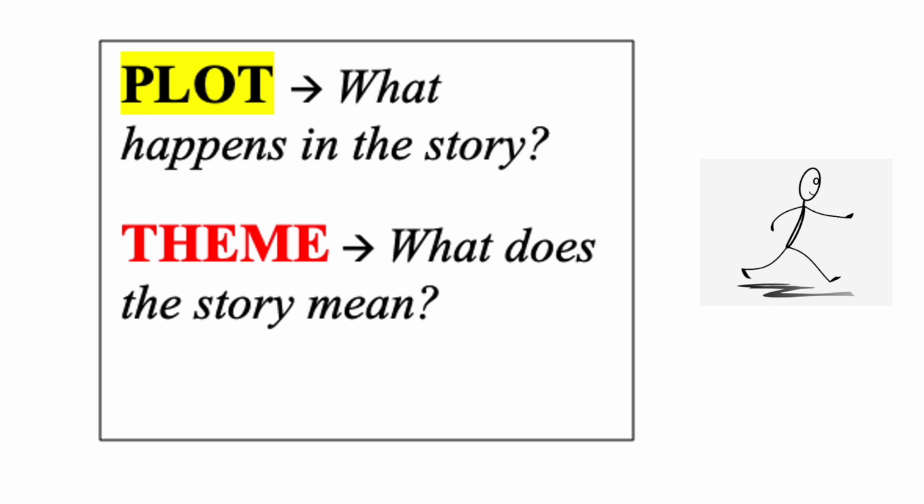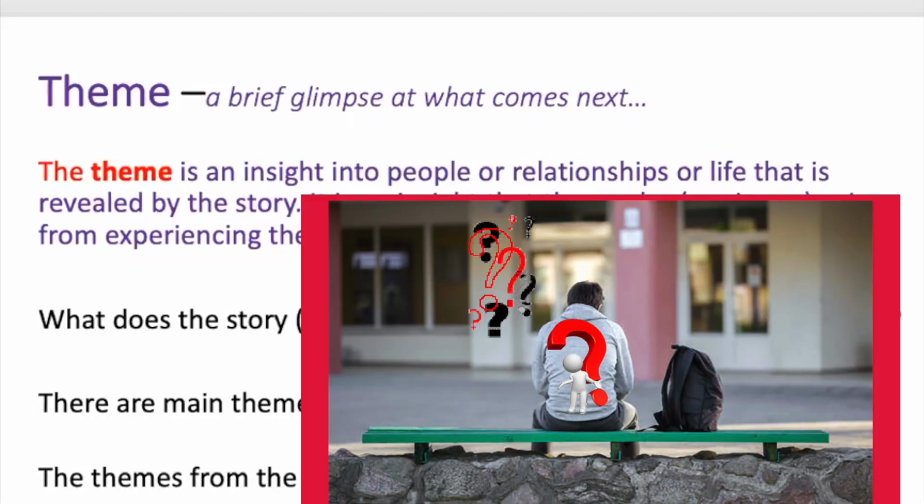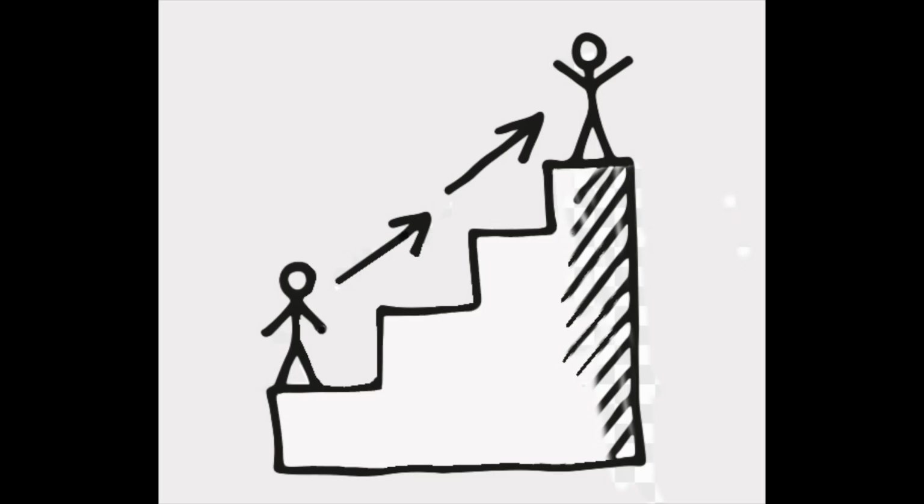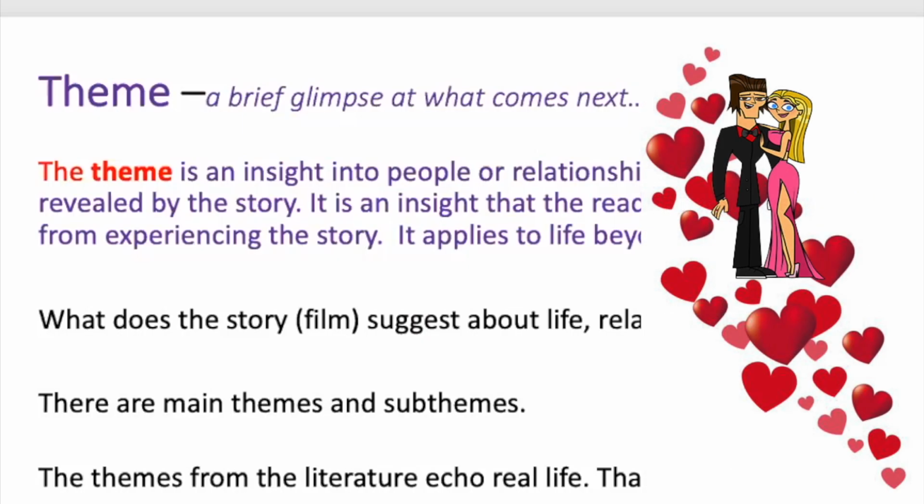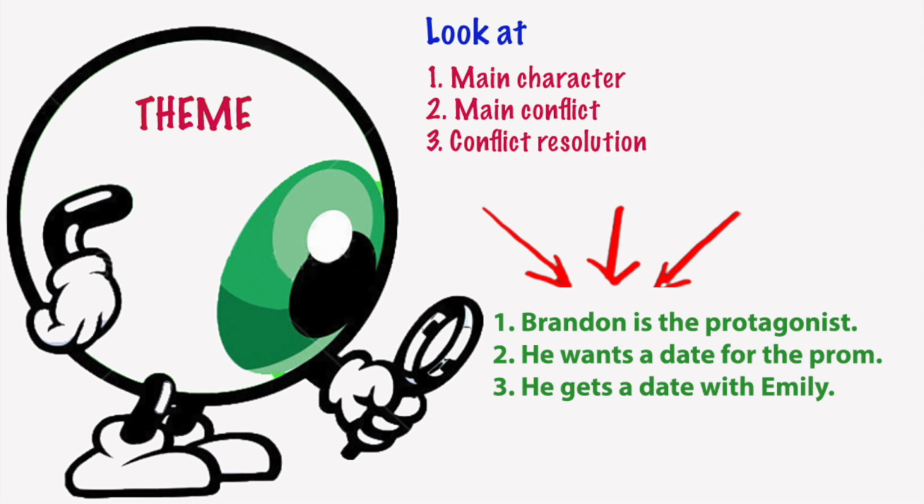Theme is what it means. So we look at this story of Brendan and Emily and what happened, and how it worked out. And that will suggest something about life that isn't just in the film, but is true in life. And so that's kind of what you're looking for.